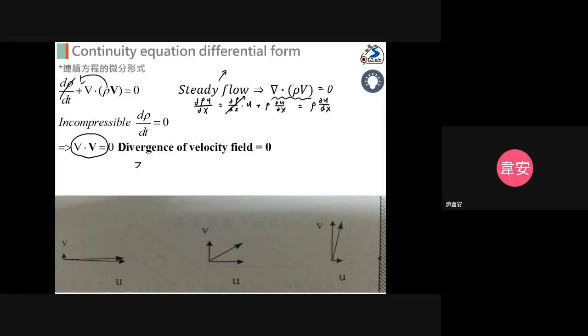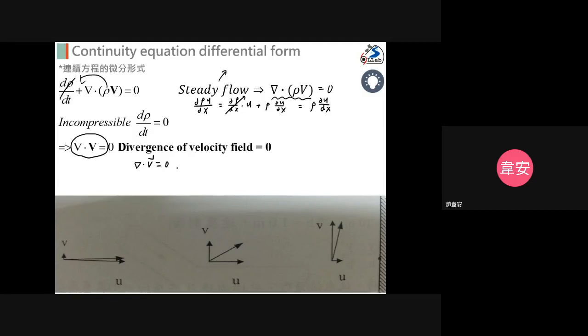So this divergence of the velocity field equal to 0 is only satisfied when the flow condition is incompressible flow.